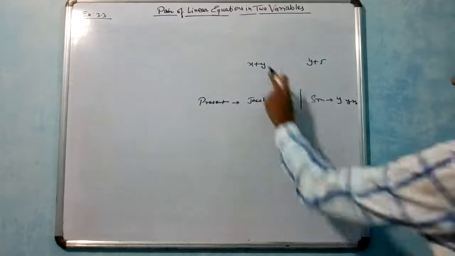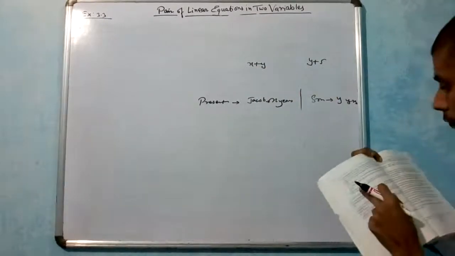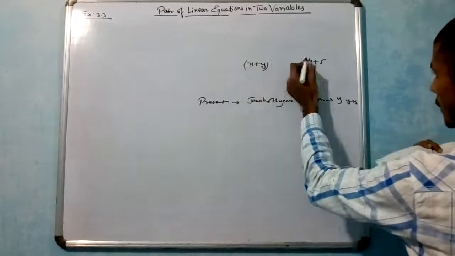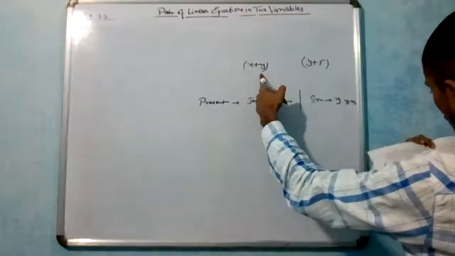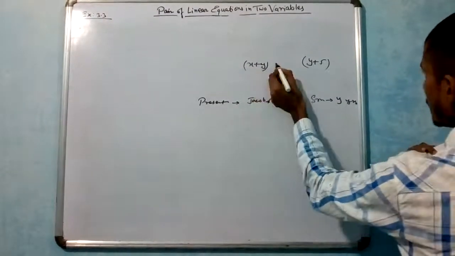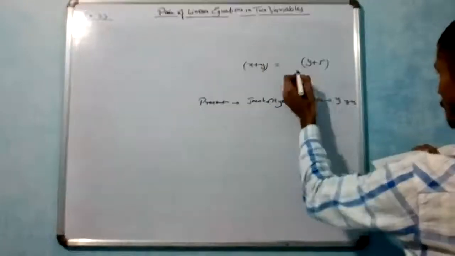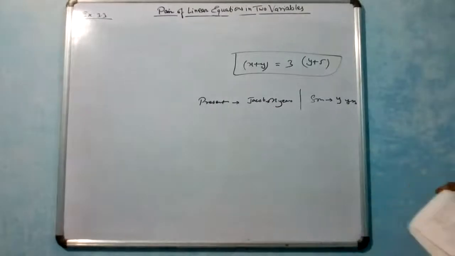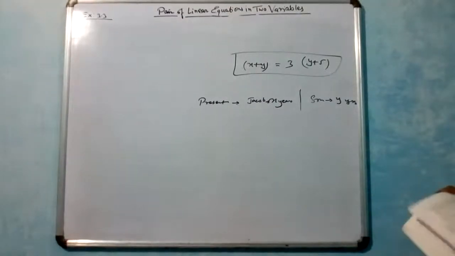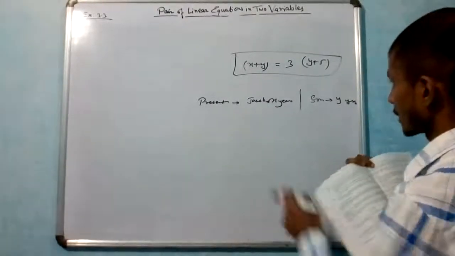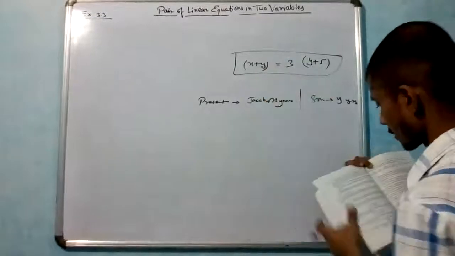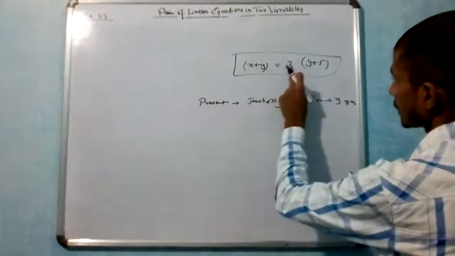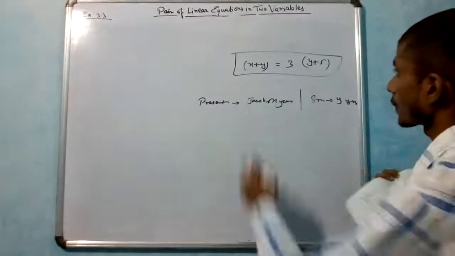And now get a relation according to the question. 5 years hence, the age of Jacob. This is the age of Jacob after 5 years. This one, age of Jacob will be 3 times that of his son. This is the first equation. Simplify it. The father will become 3 times of the age of son after 5 years.